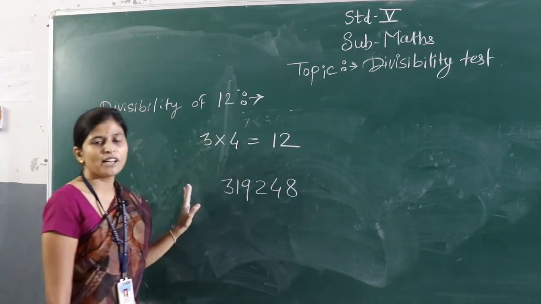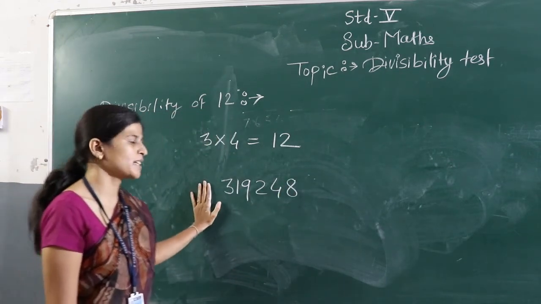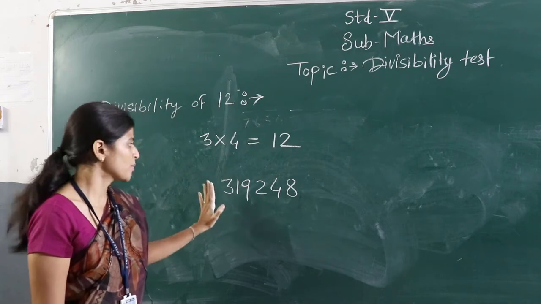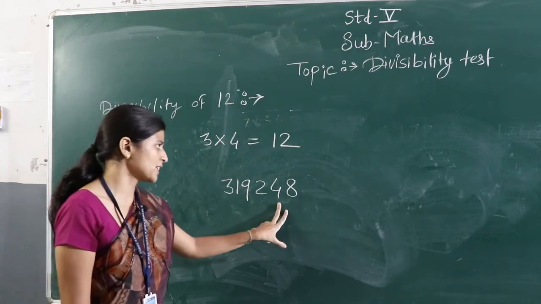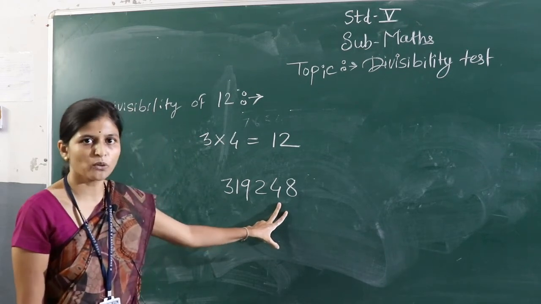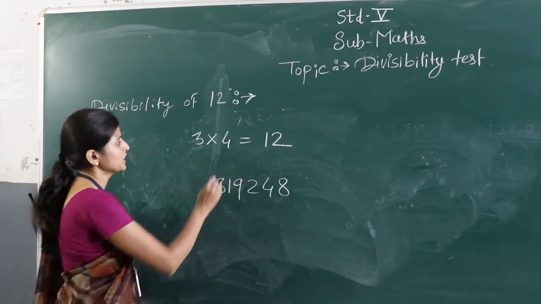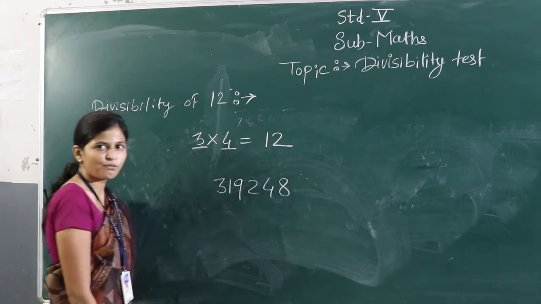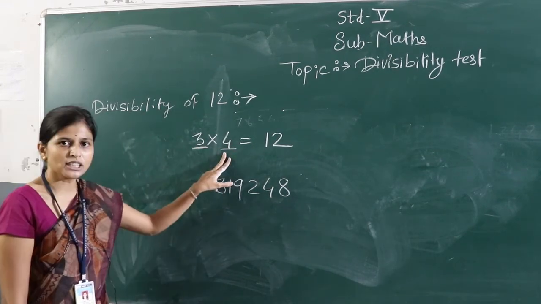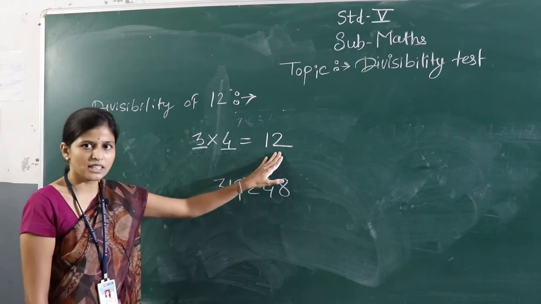Without dividing it, we have to check whether this number is divisible by 12 or not. So first we check for divisibility of 3 and then for divisibility of 4. If it is divisible by both 3 and 4, that means it is divisible by 12.